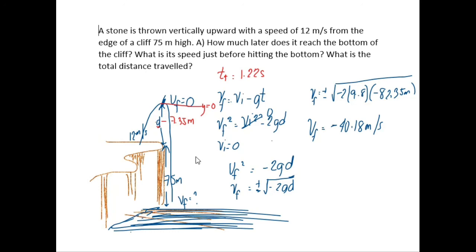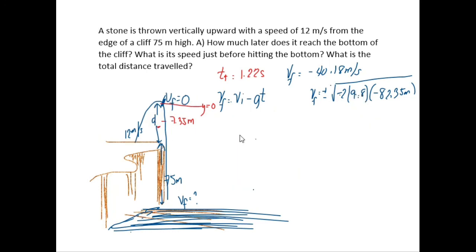So, we still have to solve for the time downwards so that we can answer yung question na total time. Okay? So we already have final velocity is equivalent to negative 40.18 meters per second. We can already use this equation since we already have final velocity.